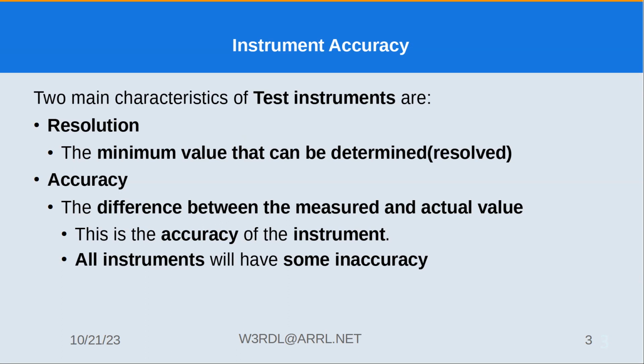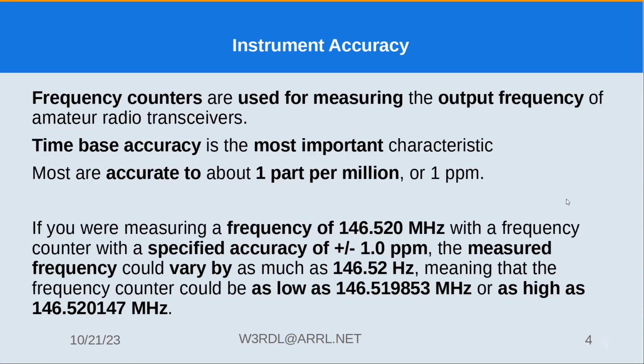So basically, in the real world, everything has some inaccuracy. It's never going to measure exactly the actual value. And I think that Heisenberg uncertainty means that you couldn't do it regardless, because you're going to affect it when you measure it. Hopefully not that.